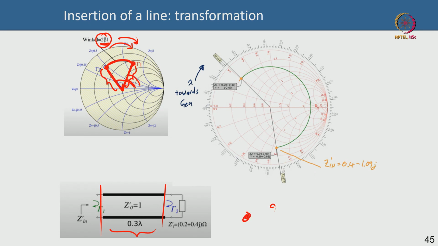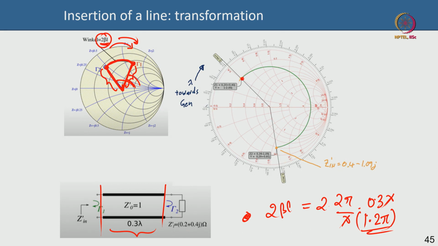I will have 2 into beta into L. So, 2 into beta is 2 pi by lambda into length 0.3 lambda. Lambda gone, this is 4 into 0.3 is 1.2, correct, 1.2 pi. This is the angle, 1.2 pi is more than pi, 180 degrees. So, 1.2 pi is roughly something like 190 or 200 degrees around that point.